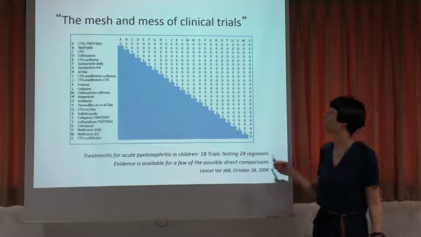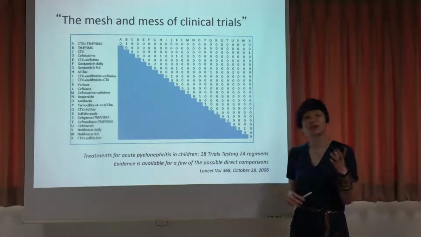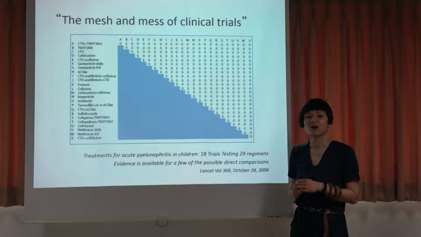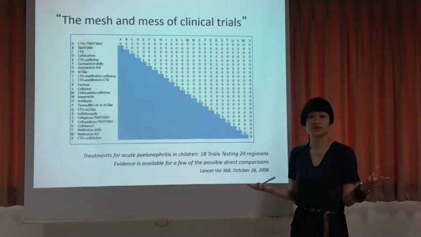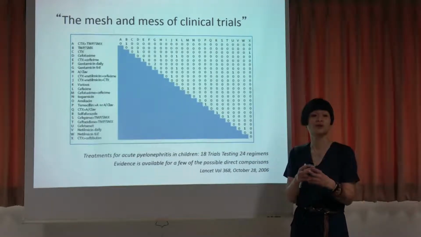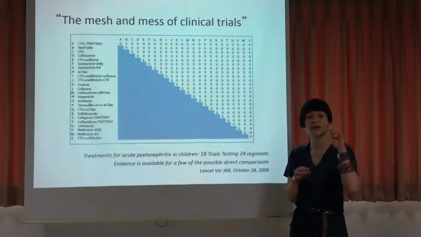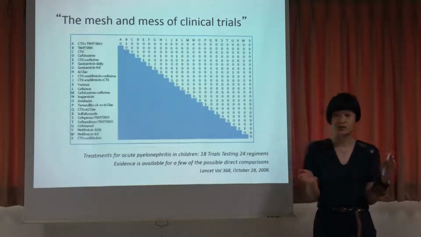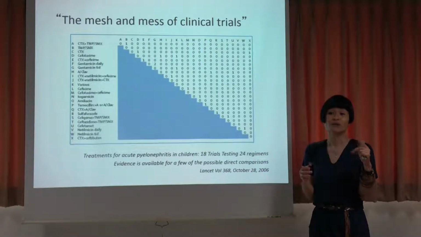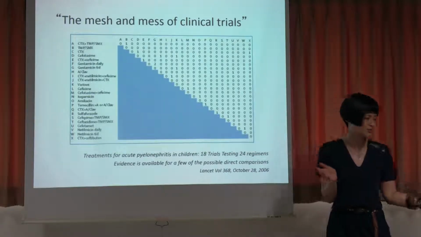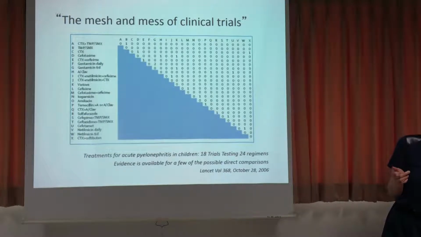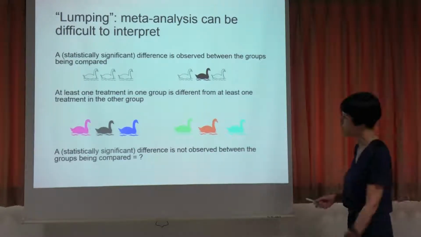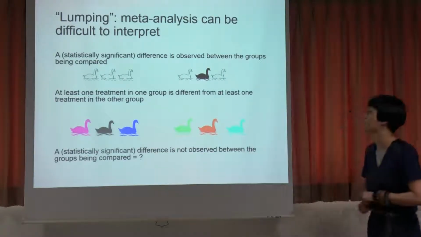So often, if people think about treatment that has what they call a class effect, for instance, they might lump all the drugs together and call it a class effect, and they compare one class with another. But class effects are very difficult to determine, and it's not always true. When people say there is a class effect, they really need evidence to show that. So one option is about lumping things together.